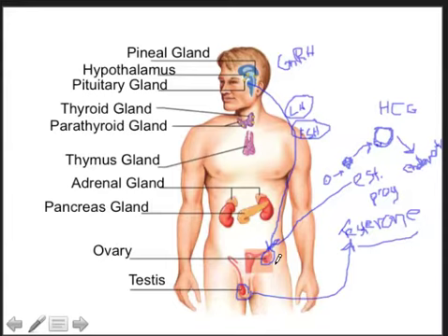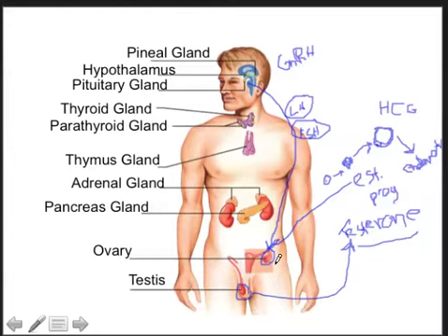So often we'll try and replace these decreased amounts of estrogen and progesterone with hormone that comes either as an oral or as an injectable, and that's what we call hormone replacement therapy, or HRT.